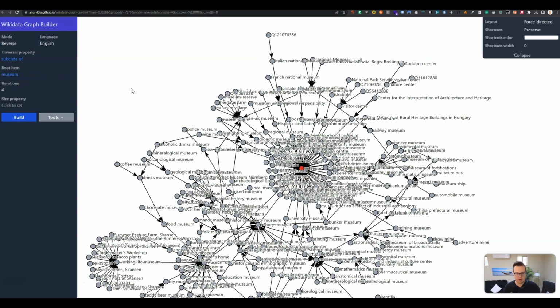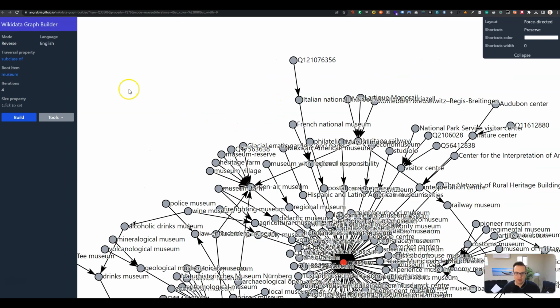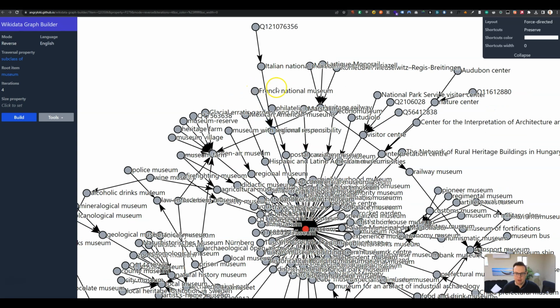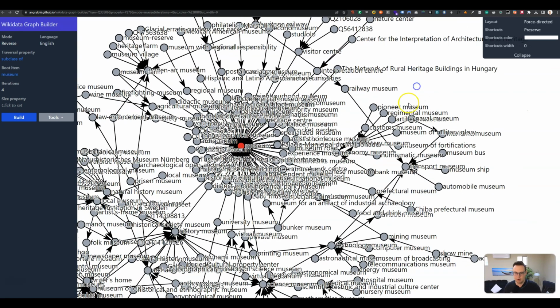What that means is that you can't display all of the relationships in Wikidata, but specific subclasses, for example, you can go through. So here we're looking at a museum, and then we can see that there are lots of different types of museums, like the French National Museum, Italian National Museum, and so on.